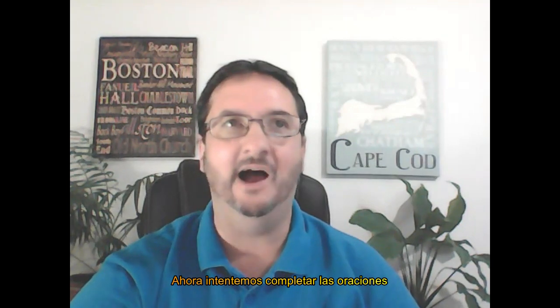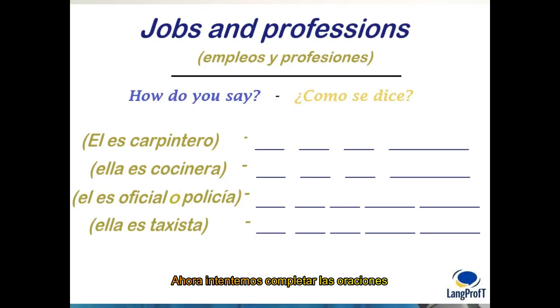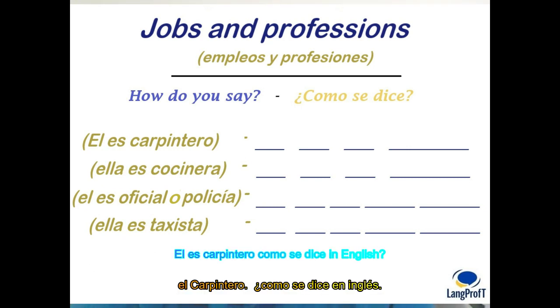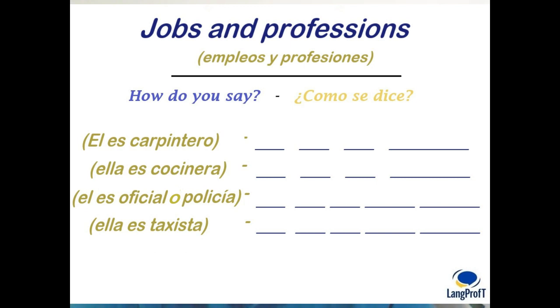Okay, great. Now let's try to complete the sentences from memory. Él es carpintero. ¿Cómo se dice en inglés?